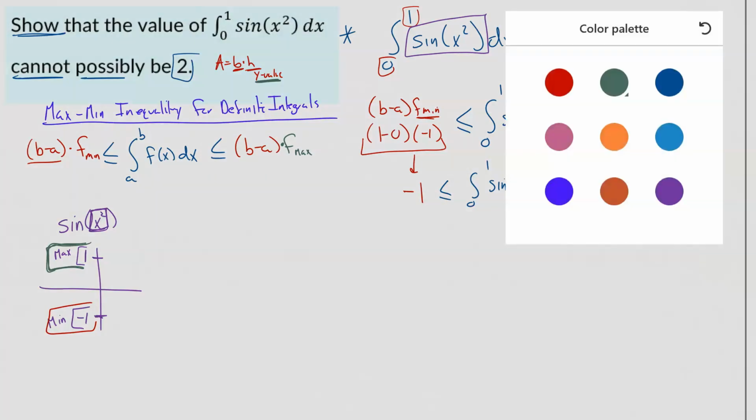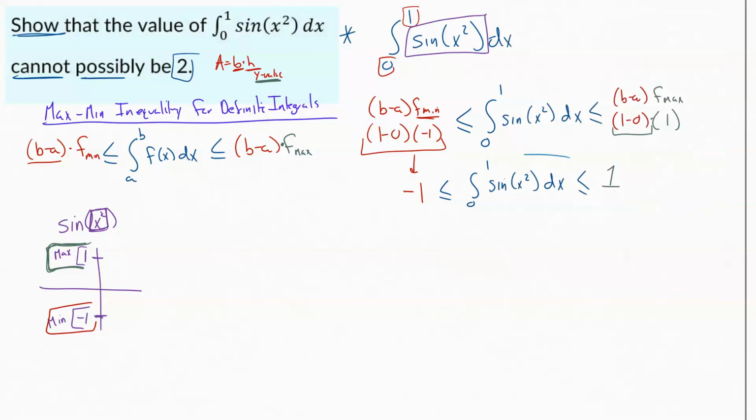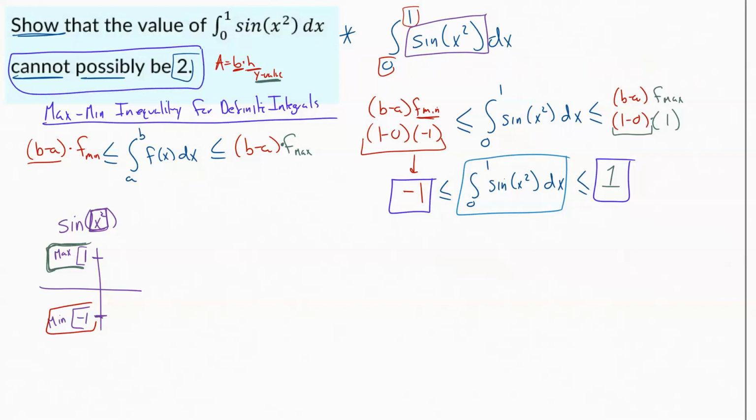So we may not know what exactly the value of this integral is, but we can say with 100% certainty, following our Max-Min inequality, that it has to live between -1 and 1. And so because of that, we can now conclude that the value of this cannot possibly be 2, because 2 does not live between 1 and -1.